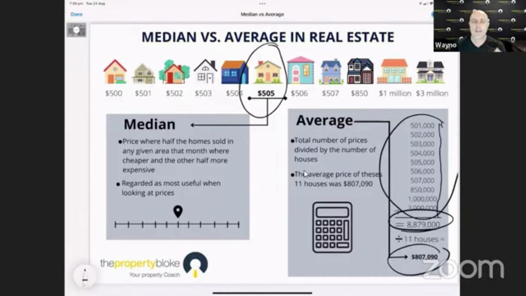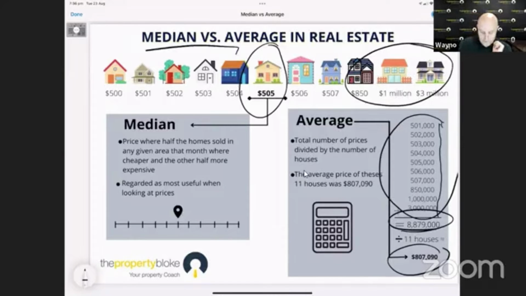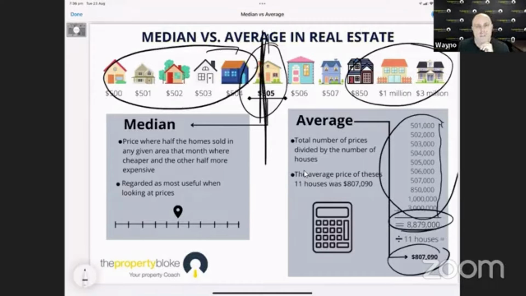But whether it's media or a report you see, a lot of the reports coming out now are saying there's been a 10% decline in a certain suburb, but all it's been is there's less of these top end houses selling. So there's more of these bottom end houses selling. So the middle, instead of being here at $500,000, it's probably more around this 502, for example, because there's more houses selling in the bottom end of the market.